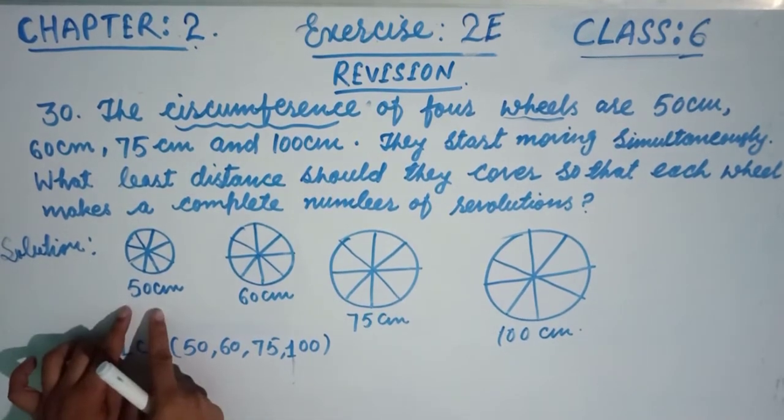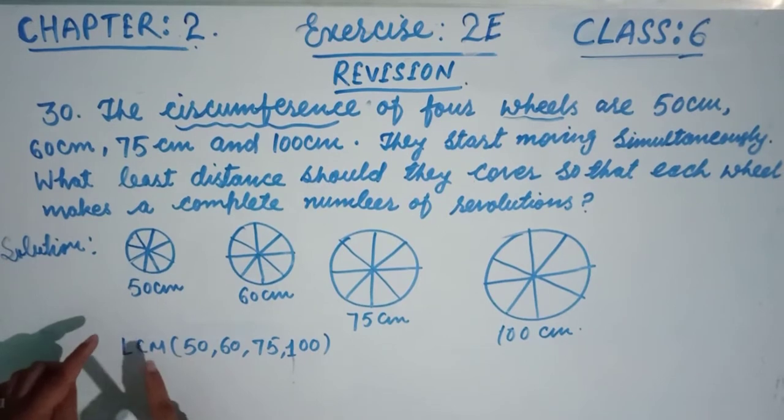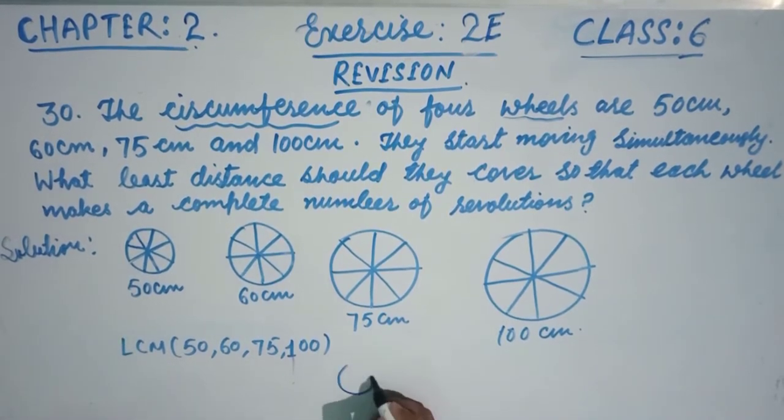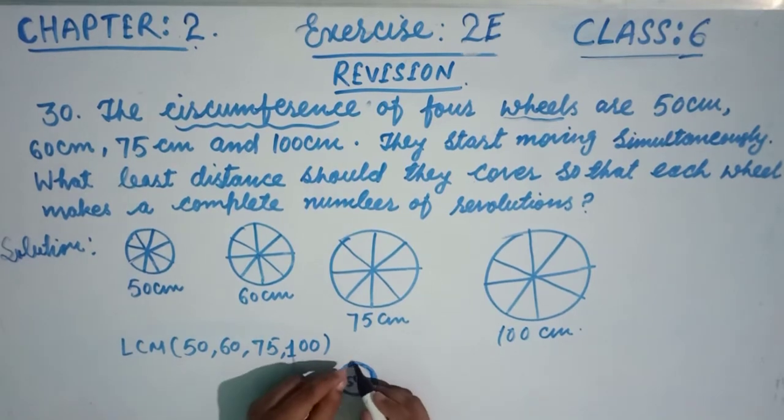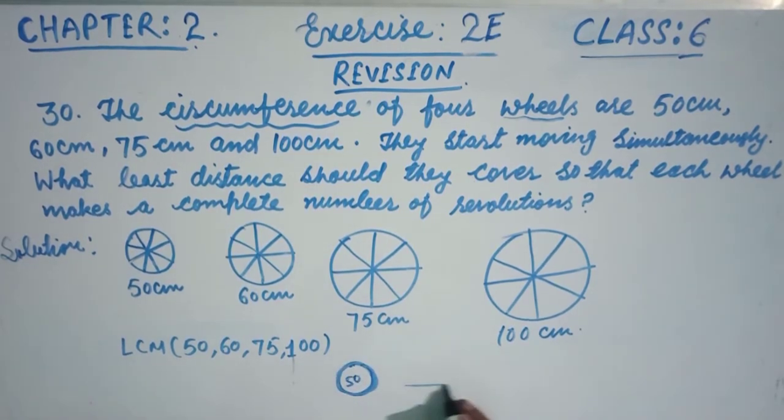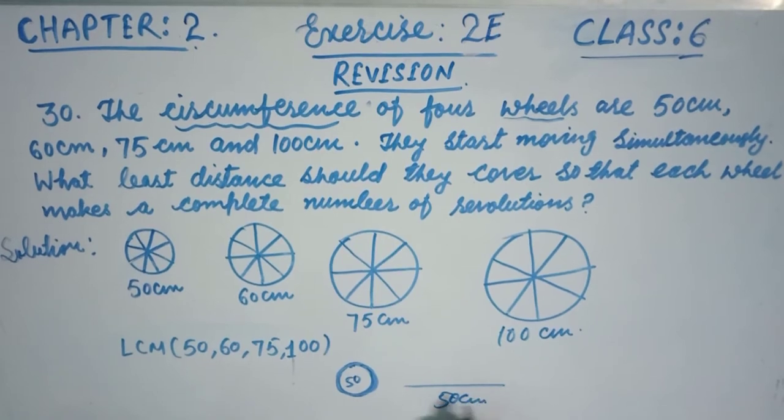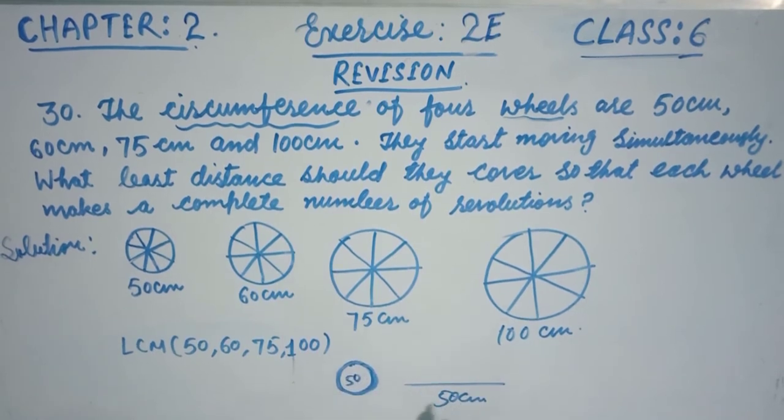If one revolution means one complete round, suppose this is the circumference of the wheel, and the length of this boundary is 50 centimeter. If you open this, suppose this is a wire, then we get a distance of 50 centimeter. If this wheel moves one complete round, it will cover a distance of 50 centimeter.